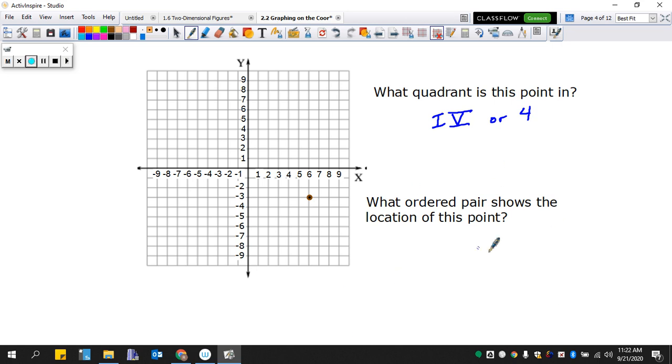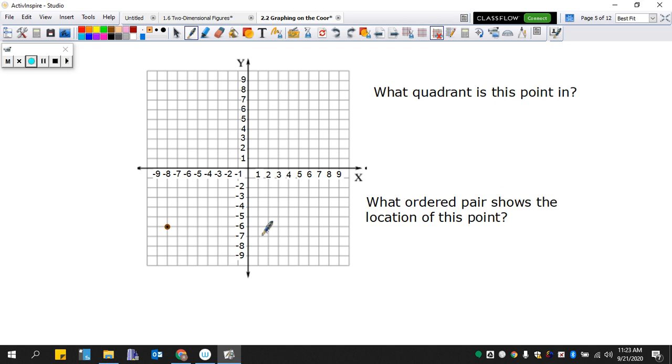And what's the ordered pair that shows the location? Well, I put my parentheses, and I look at my x value, which is 6, and I look at the y value, which is -3. So the location is (6, -3).